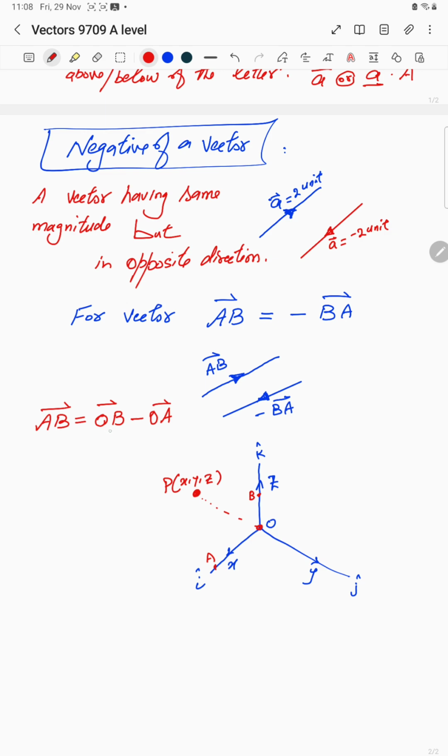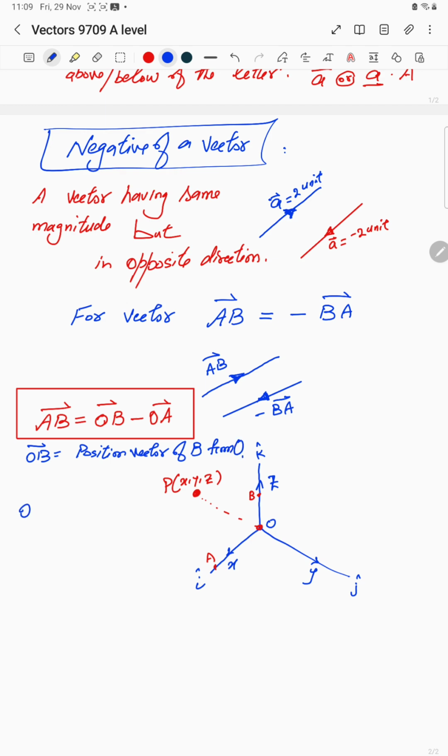For this case, OB we call the position vector of B from O, and OA the position vector of A from the origin O. So that's defined.